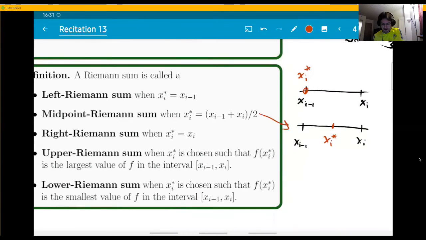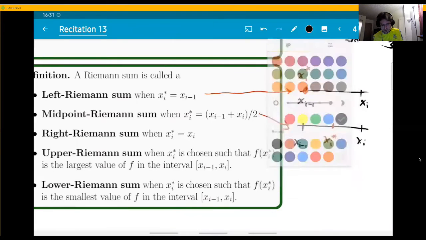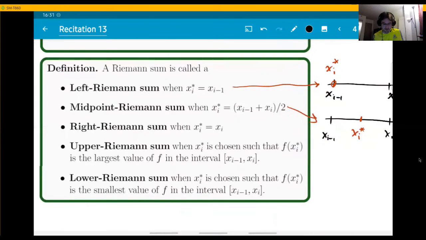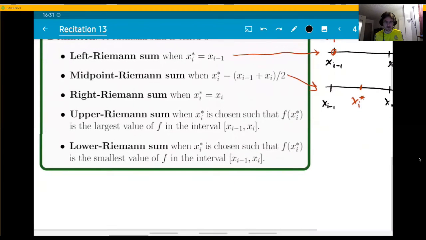And let's not draw pictures for all these cases, but you get the idea. Right Riemann sum is when it's the right endpoint. And now finally, the ones that we haven't mentioned, upper and lower. Upper is when you select it in such a way that the value of the function on that point is the maximum value, the largest value of f on that interval.